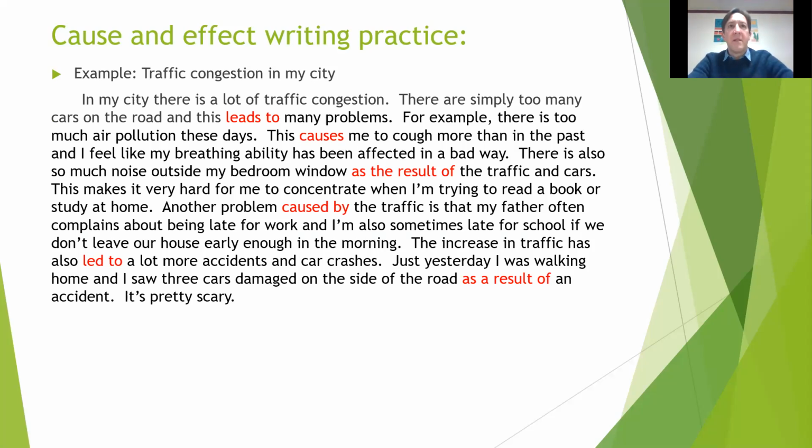In my city, there is a lot of traffic congestion. Topic sentence. There are simply too many cars on the road, and this leads to many problems. For example, there is too much air pollution these days. This causes me to cough more than in the past, and I feel like my breathing ability has been affected in a bad way.